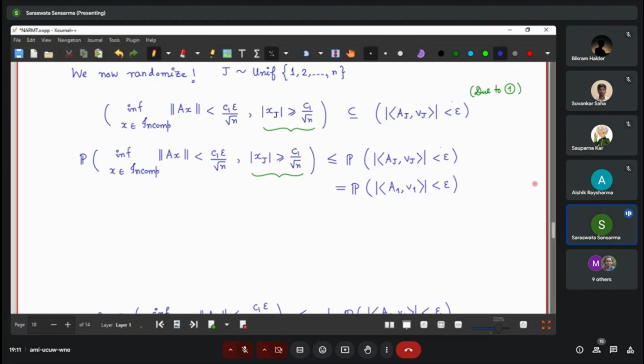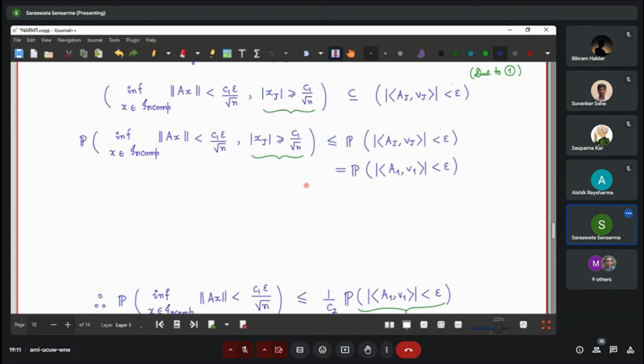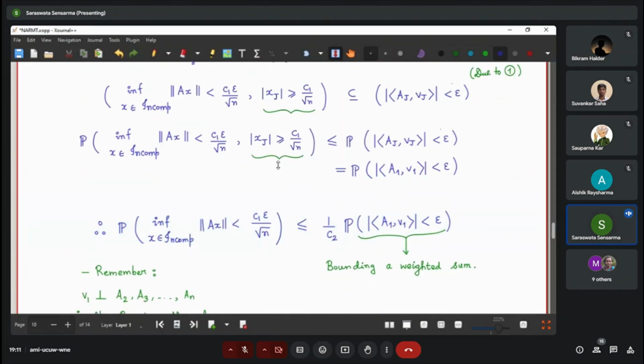Since the probability of this happening for a fixed x is not small, it's bigger than or equal to C2, we can take the C2 to the other side and we have a bound. Sorry about that confusion, but I think we agree that this works, right?